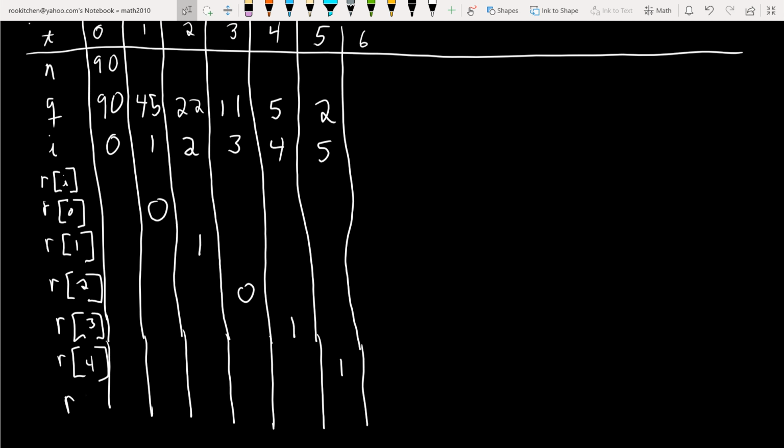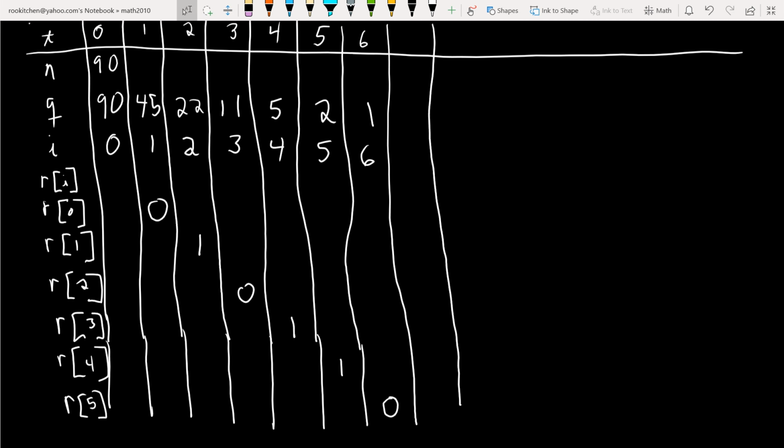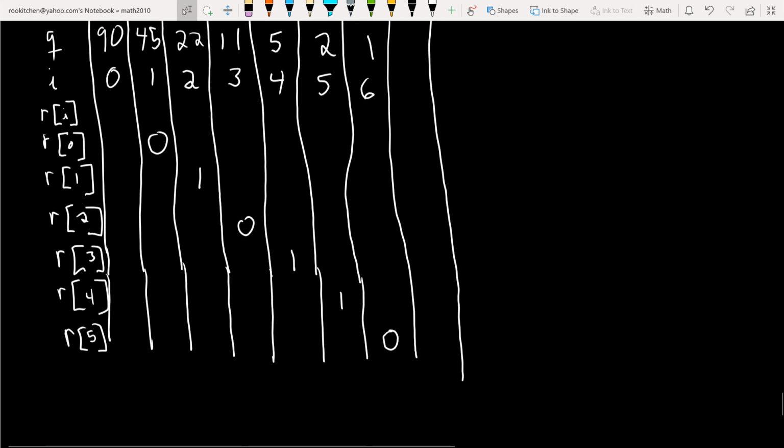q is still not 0, so instantiate R5. So q mod 2 is 0. 2 div 2 is 1. Go to 6. q still not 0. We need one more, right?